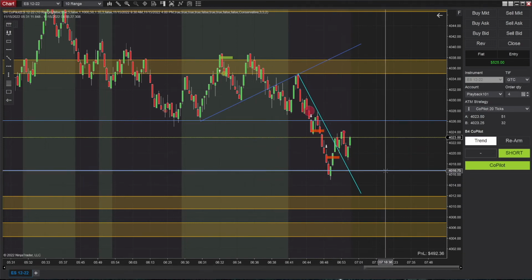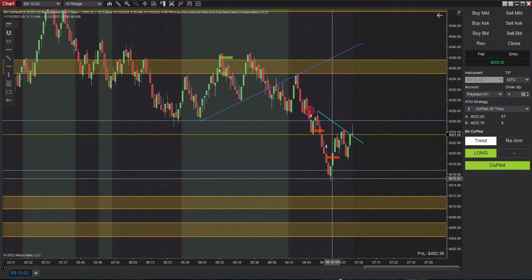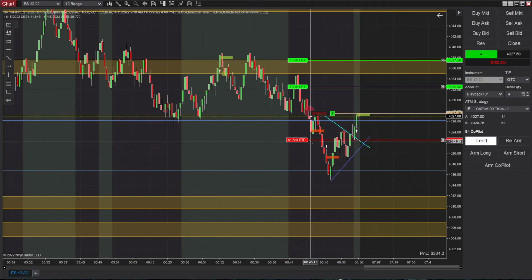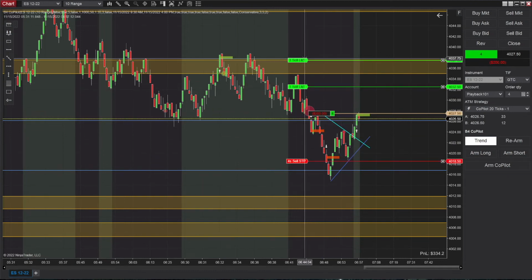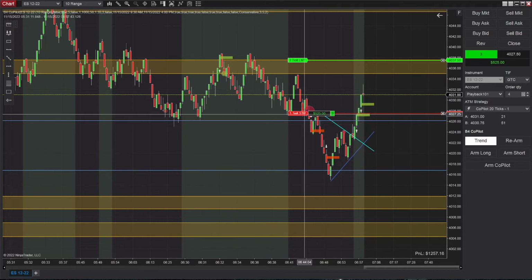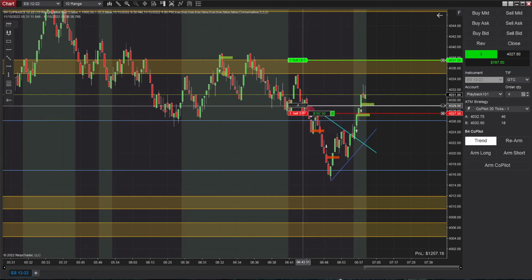We do have it armed, and our orders are 4 contracts. We are on a 10 range chart. Alright, we're going to adjust everything here. It looks good. It took our first target. We're going to walk that stop on up. Hide behind that triple stacked imbalance right there.